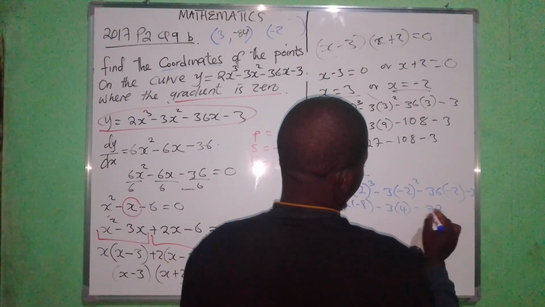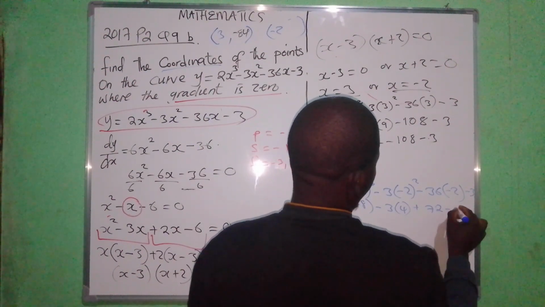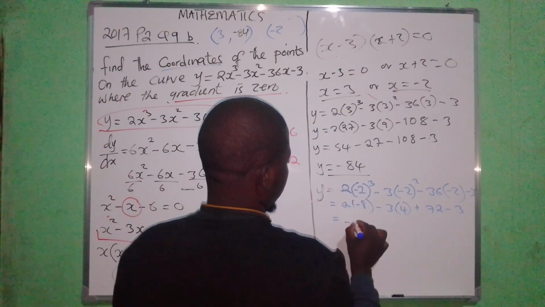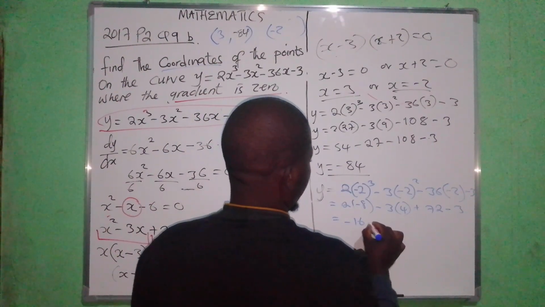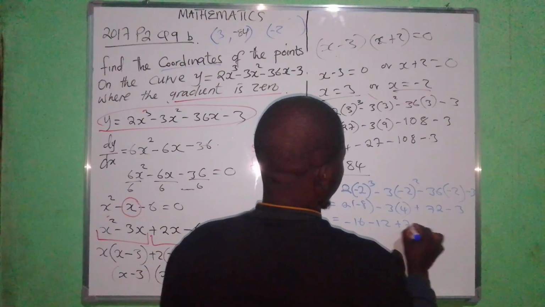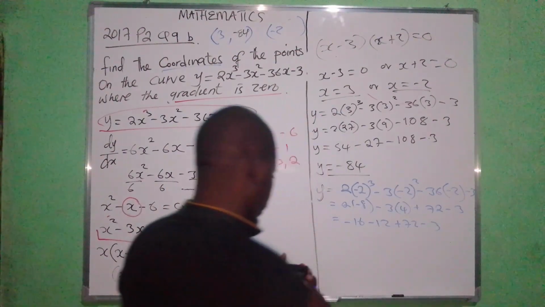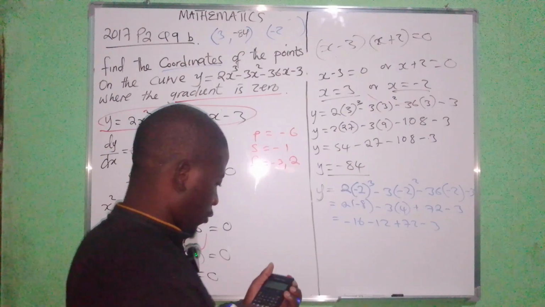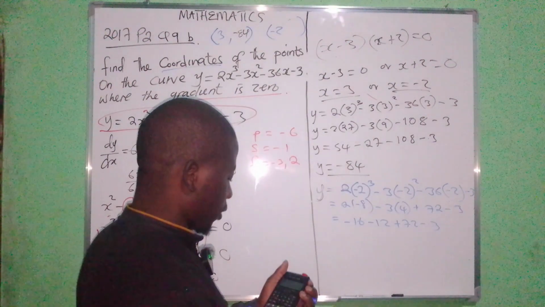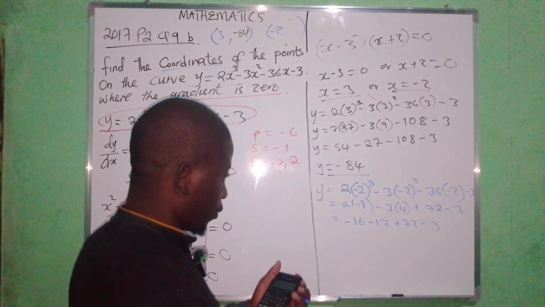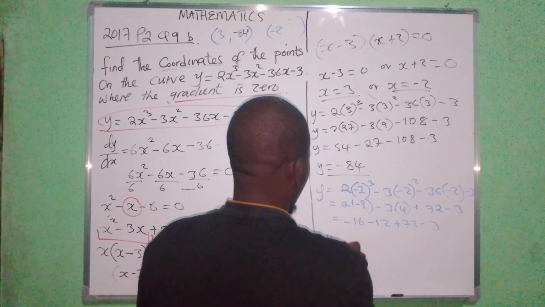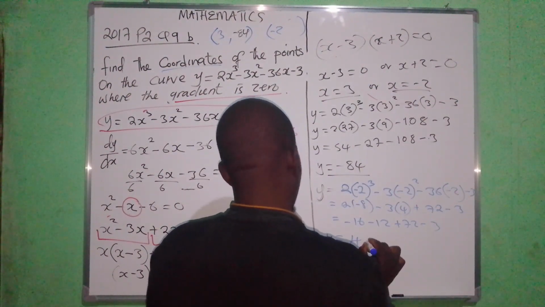It will actually be a positive now, 72 minus 3. So from there we have negative 16 minus 12 plus 72 minus 3. This is giving us 41. Y is equal to 41.